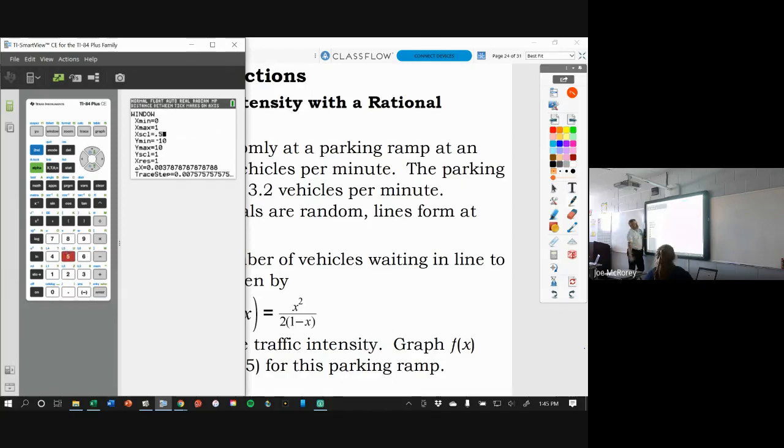There'll be one tick mark in the middle, that's cool. It really doesn't matter. Second period wanted to count by 0.25. Fourth period wanted to count by 0.1.